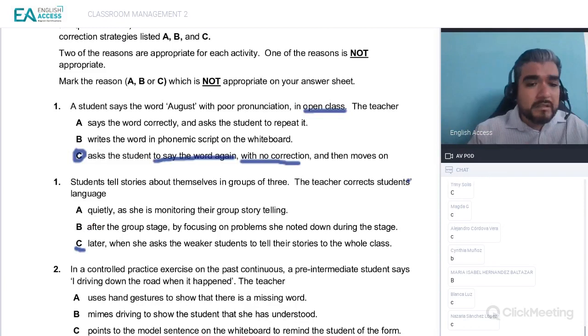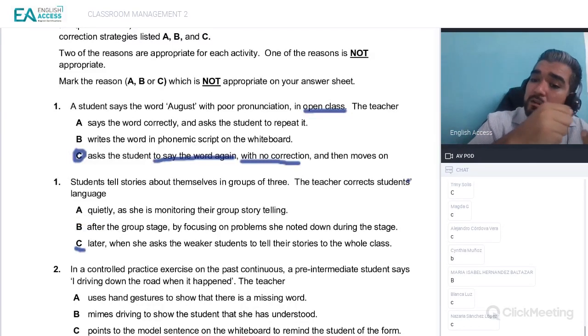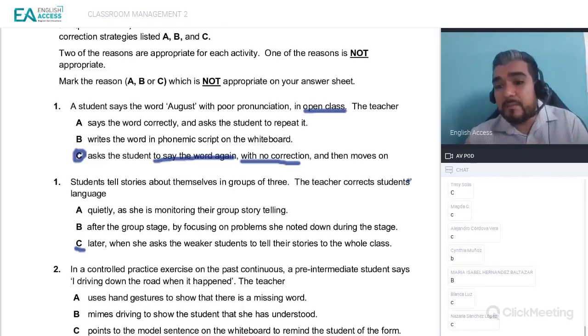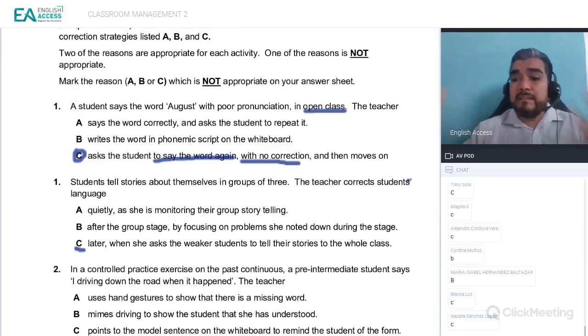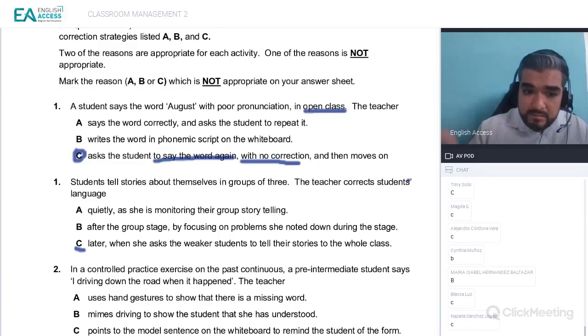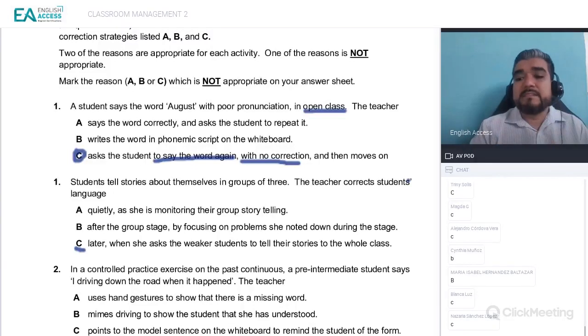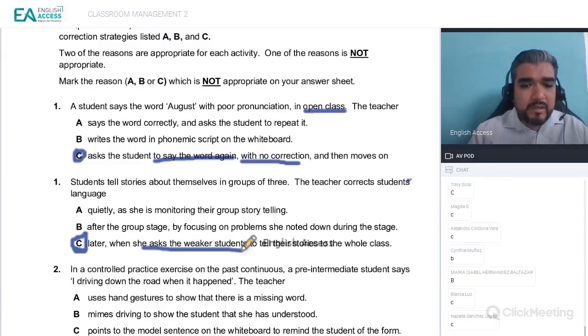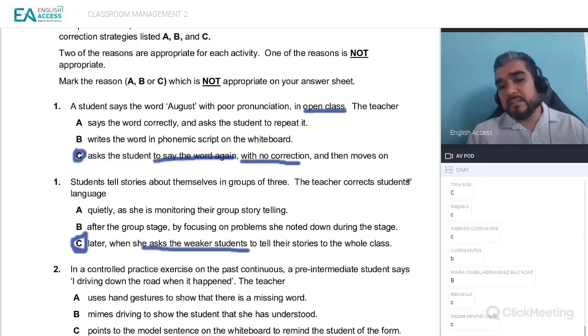Probably the teacher is walking around. The letter B implies that the teacher is walking around and making notes, right? Like this mistake, this mistake. And then, right, when the class is over, the teacher tells the mistakes to the students. But in the letter C, the teacher says that he asked the weaker students to tell their stories to the whole class.